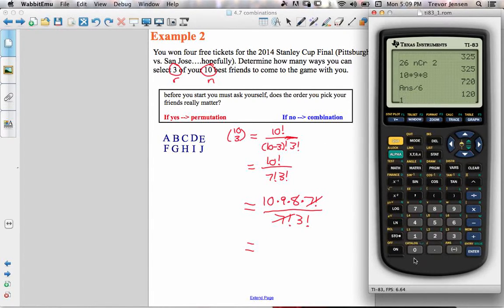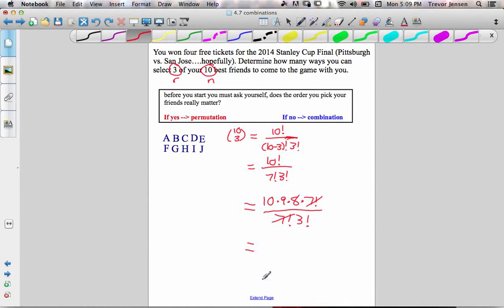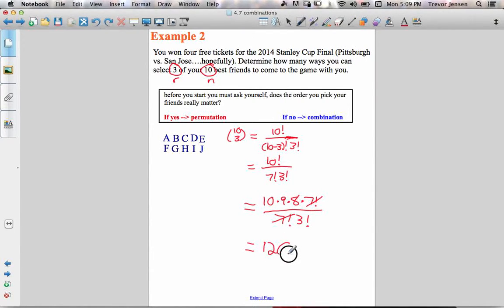So I have 10 objects, 10, then go math, probability, number 3. That means 10 choose 3. This means how many groups of 3 can I choose from 10 objects, and once again it's 120. So my answer, I can make 120 different groups of 3 from 10. So there are 120 different groups of 3 friends I could pick from my 10 friends to go to the game with me.